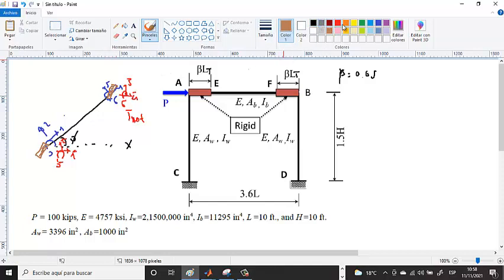To take into account these rigid end zones, we need to multiply by the rigid end zone transformation matrix to have the new stiffness matrix, but considering the global coordinate system and these rigid end zones. That is why we need to define the rotational transformation matrix and the rigid end zone transformation matrix.